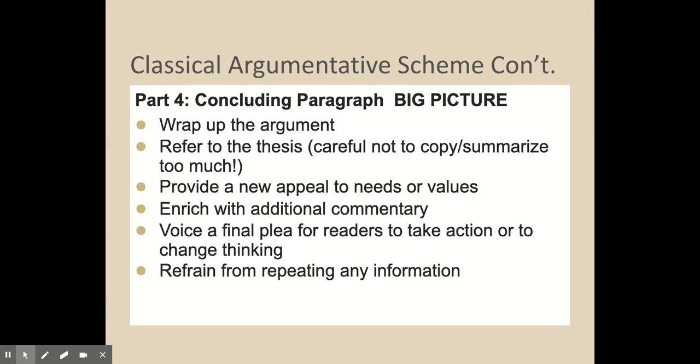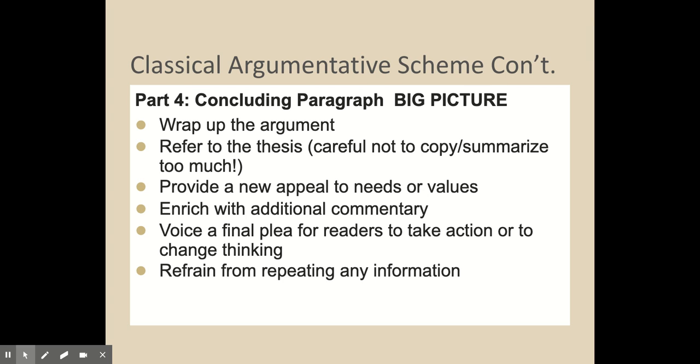But then you have to present a new appeal. It's an appeal to needs or values, which we'll talk about as we talk more specifically about conclusions, one step at a time. Think of it as your final appeal, your strongest appeal to logic or pathos or ethos or whatever you want to throw in there.